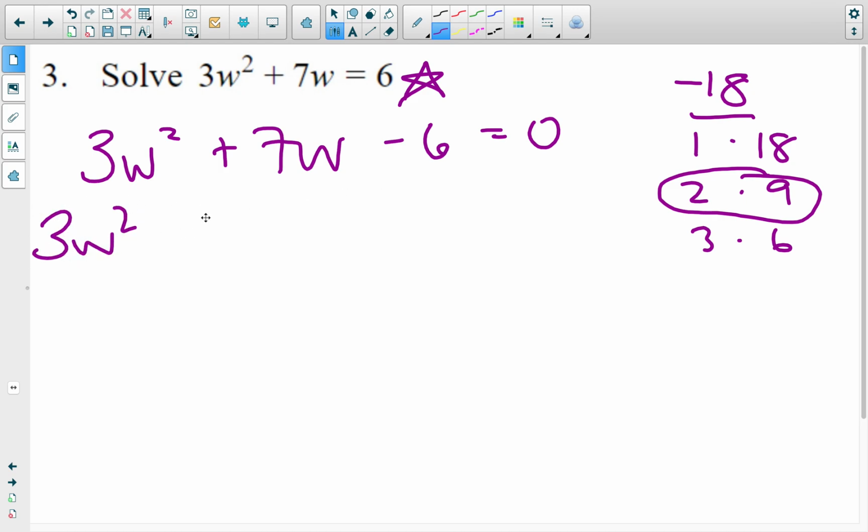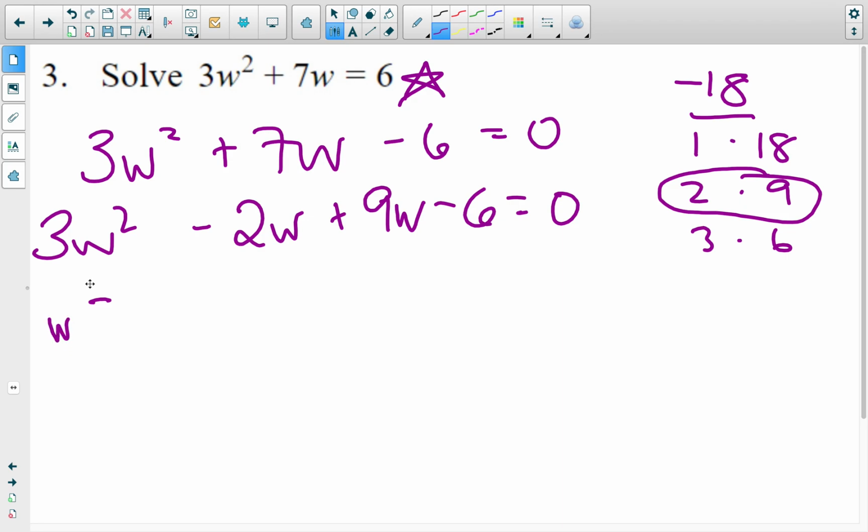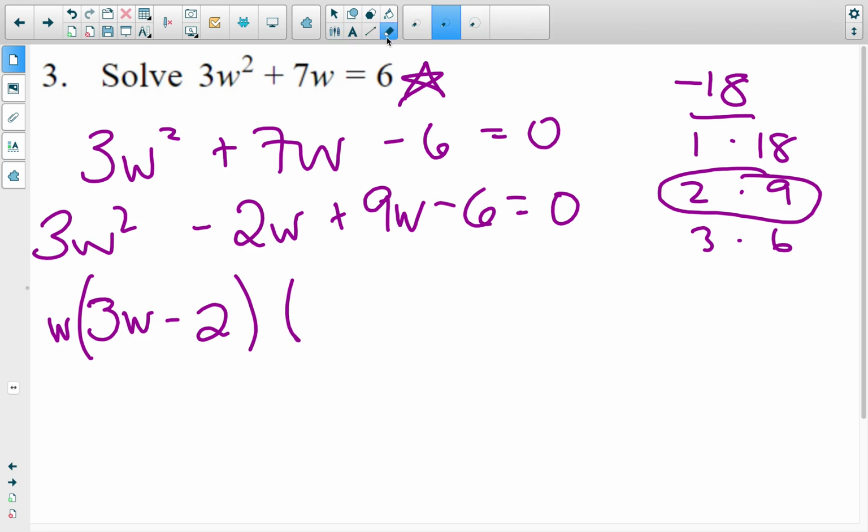3w squared, let's rewrite it in expanded form. Minus 2w plus 9w. We want minus 2 plus 9 because -2 plus 9 is what gives us that positive 7. And then now we'll factor by grouping. I can factor out a w here, times 3w minus 2. And then I can factor out a 3 here, right?